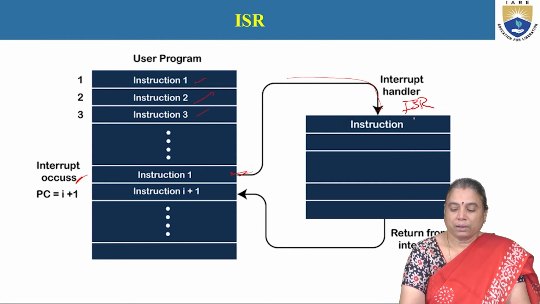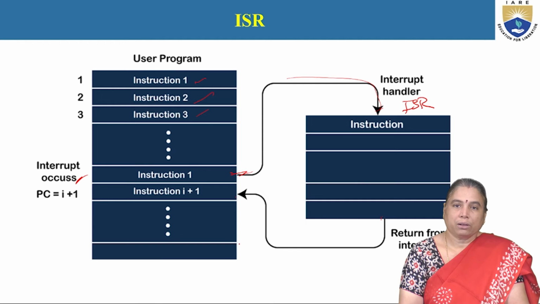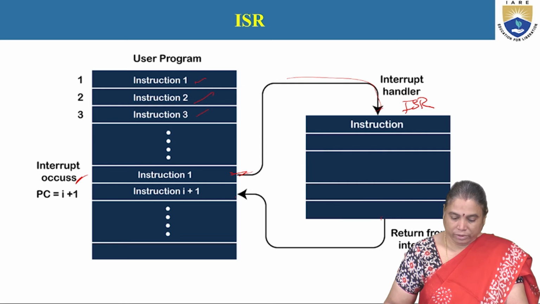The instructions stored in the interrupt service routine are executed. At the completion of these instructions, control returns to the user program and resumes its execution. In this way, the interrupts can be serviced.